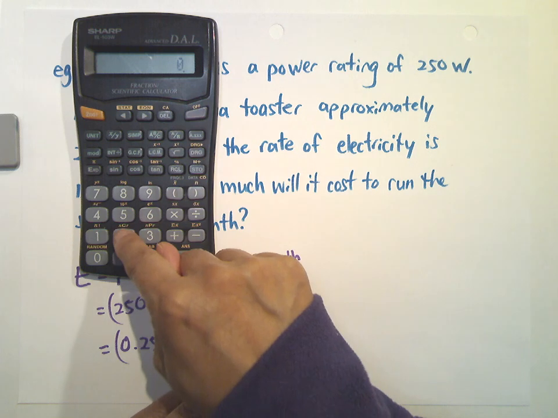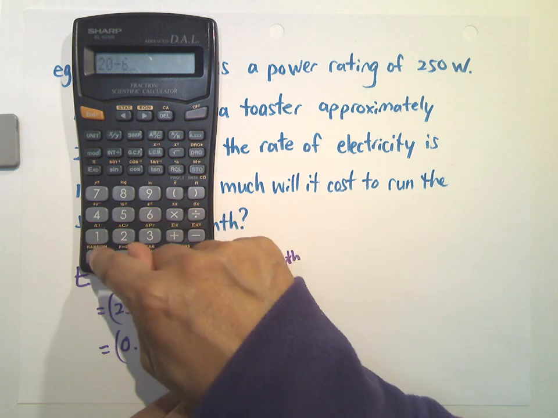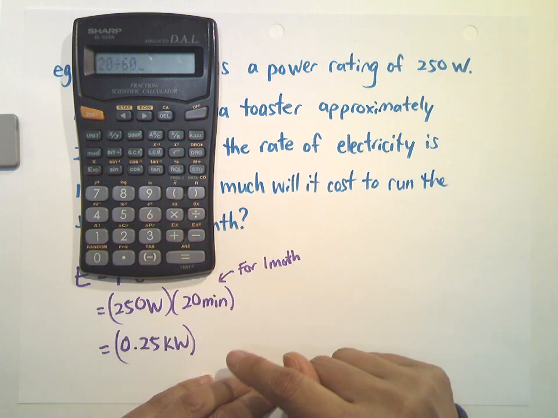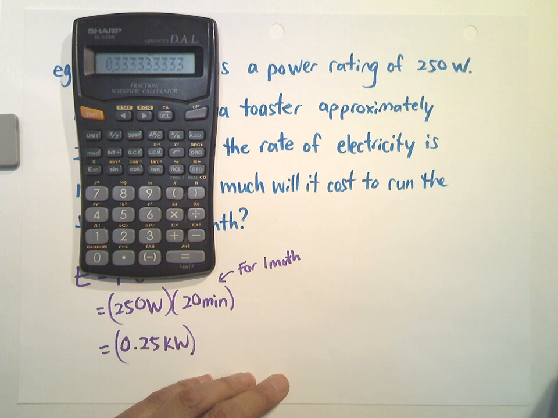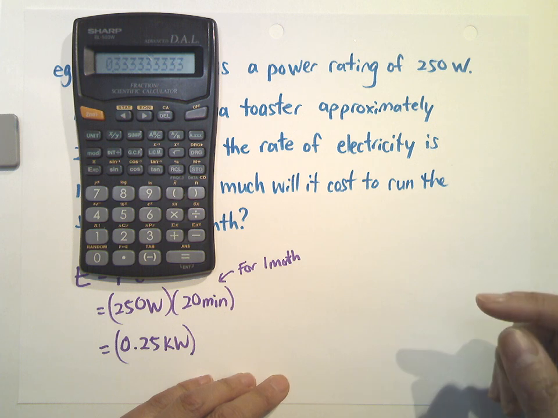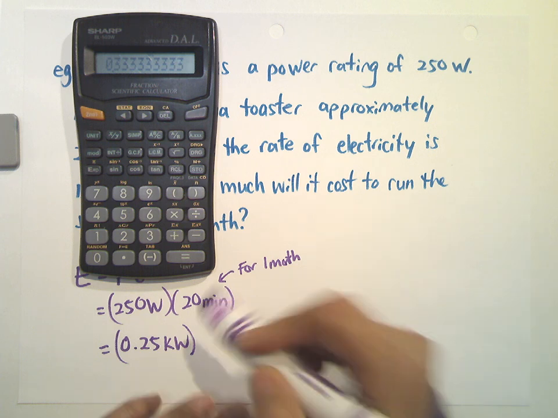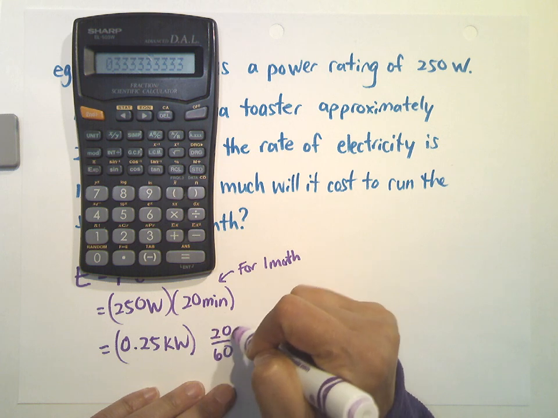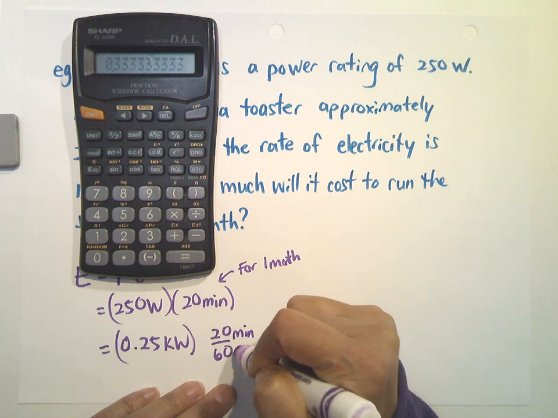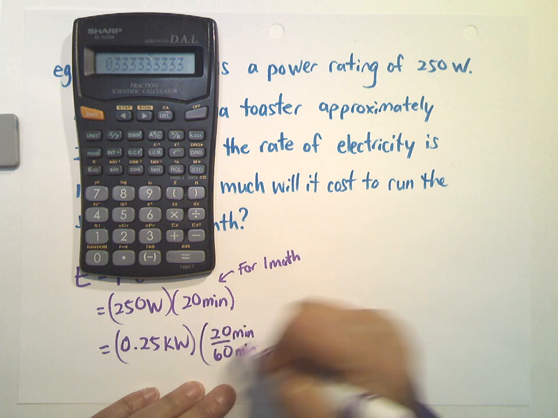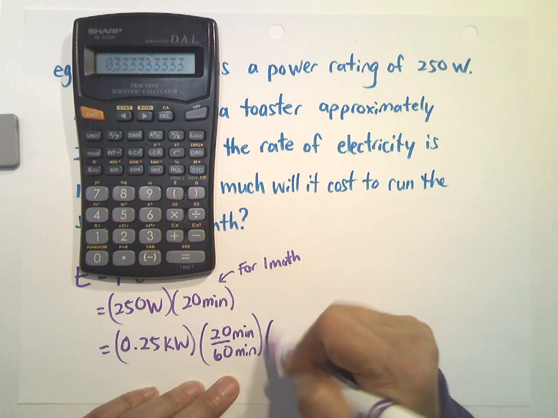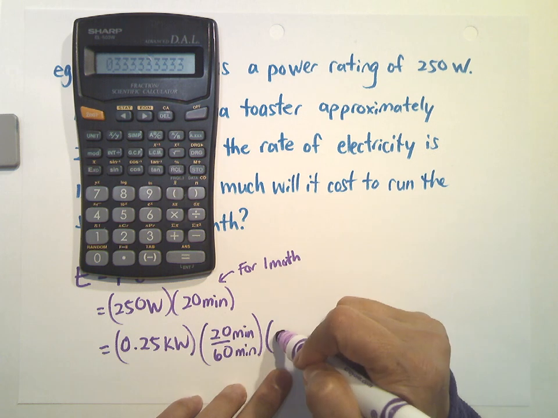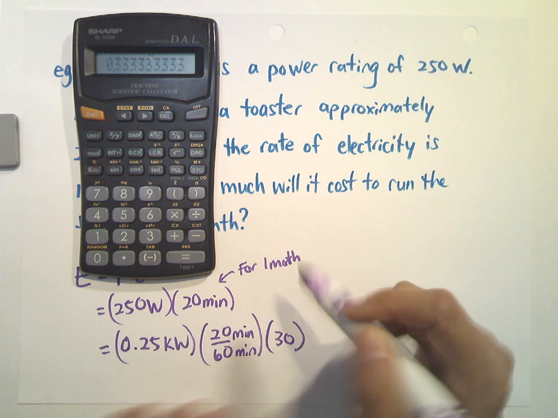So if I do 20 minutes divided by 60, that's going to give me the value in hours. That's 0.333. This is 20 minutes divided by 60 minutes to get the hours, and we need to multiply this by 1 month, which is 30 days.